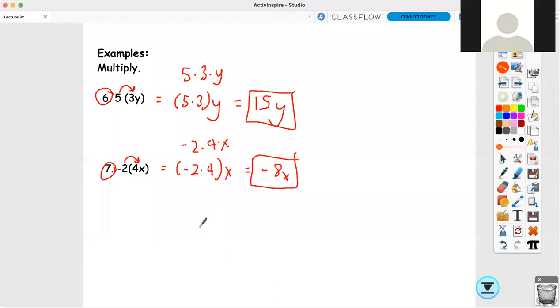Any questions before I move on to the next examples? All right. I'll go ahead and give you guys 1 minute to finish writing this down because I know I wrote some extra stuff on there. Now move on to the next slide.